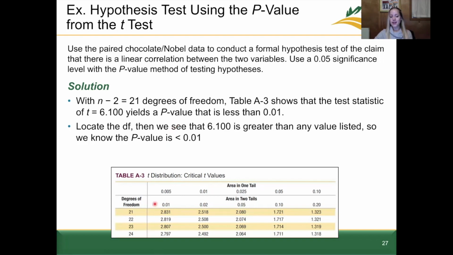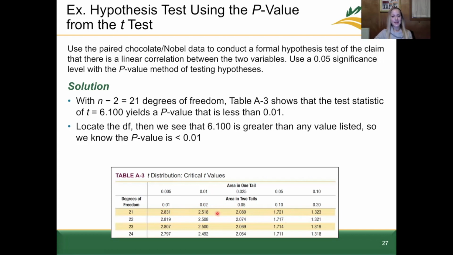For our case, we locate our degrees of freedom being 21, or n minus 2. Then within this row, we try to locate our t-test statistic of 6.100. As you can see, 6.100 is not in the scope of this table.